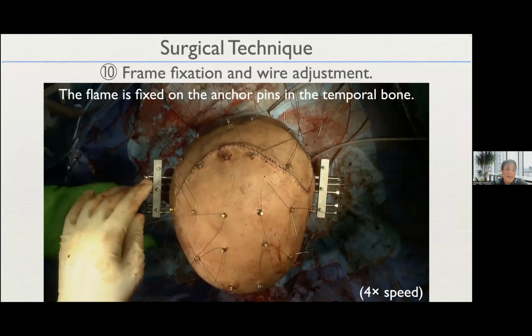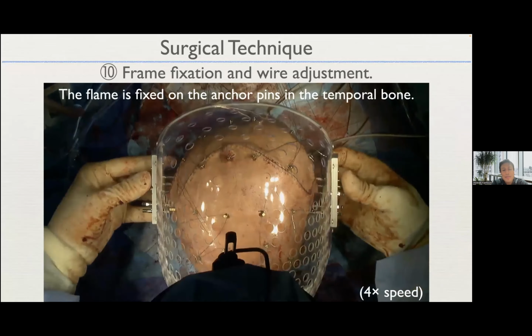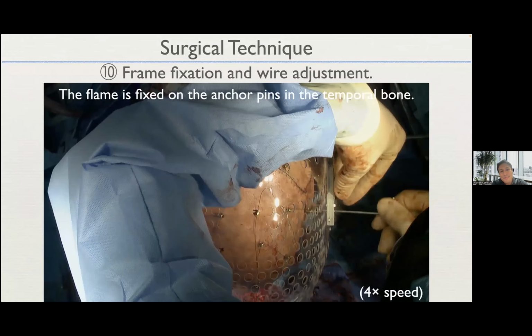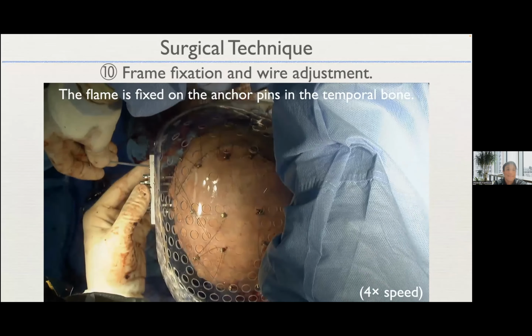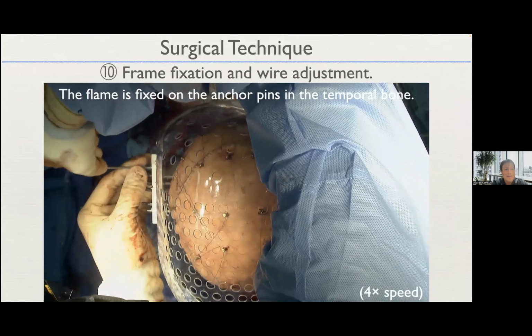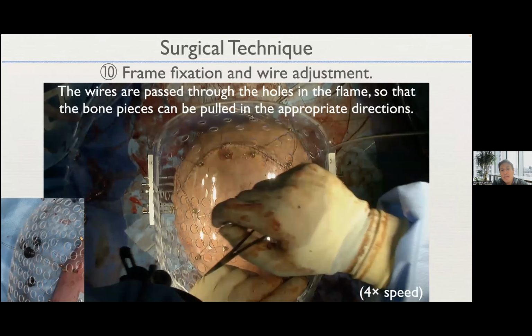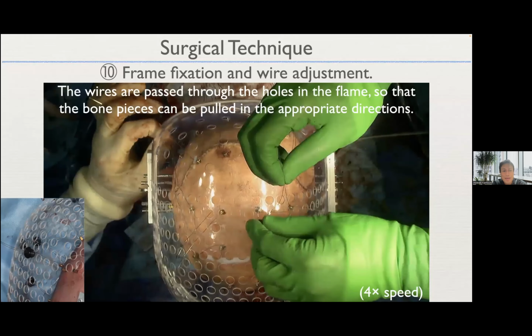Fixation and wire adjustment. The frame is fixed on the anchor pins in the temporal bone. The wires are passed through the holes in the frame so that the bone pieces can be pulled in the appropriate directions.